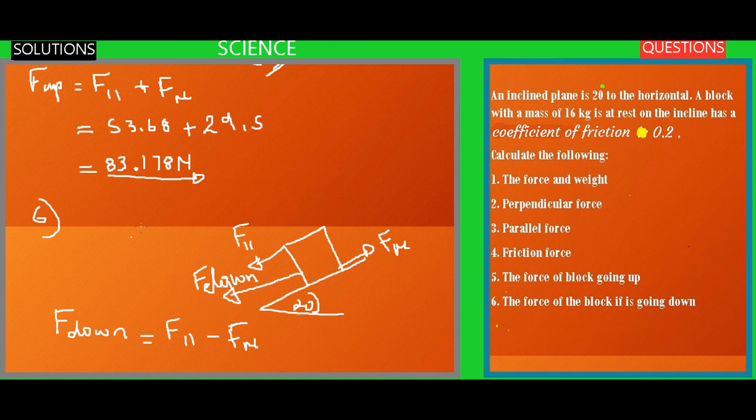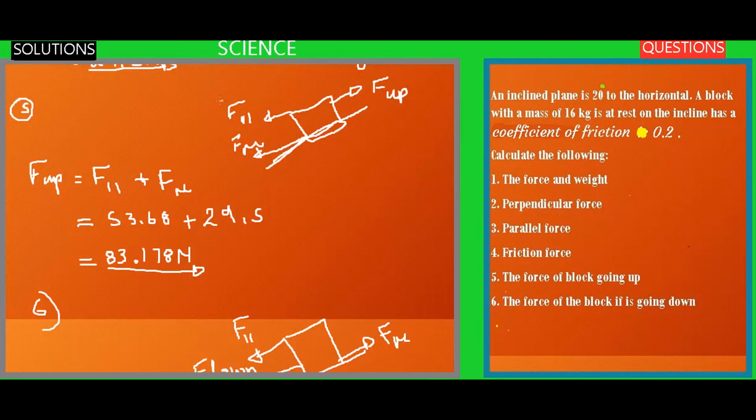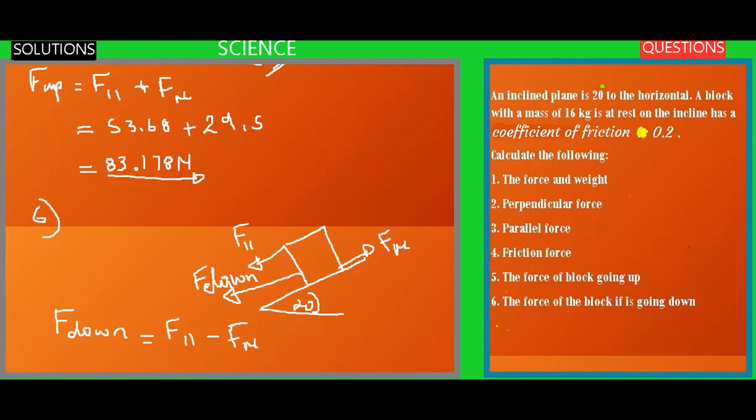You can notice between the forces here, you will see that the parallel force didn't change. Only the friction force and the force that causes motion have changed direction. Because friction force always opposes the motion, we have something like this.